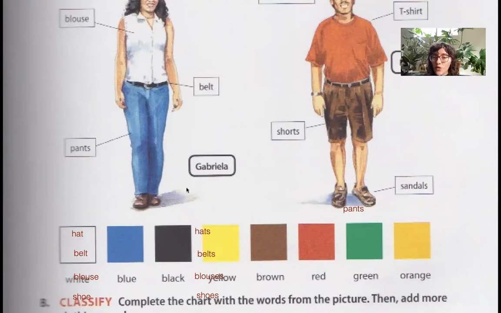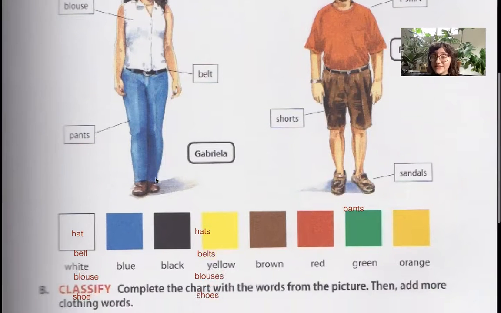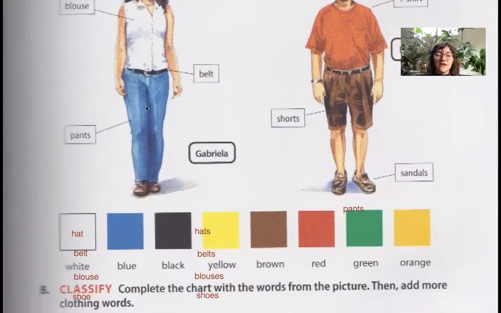It's one pant, but in English, instead of saying, oh, her pant, we say pants, because one of the ways you can think about it is because it's two legs. So it has to be plural, pants, even though it's one piece of clothing.